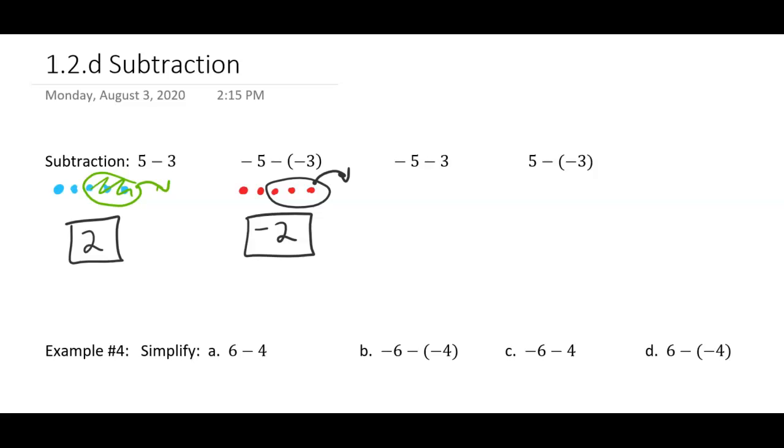Okay? All right. On the next one, we're going to start with 5 negatives, and we're trying to take away 3 positives. We don't have 3 positives. So what we have to do is put them in.